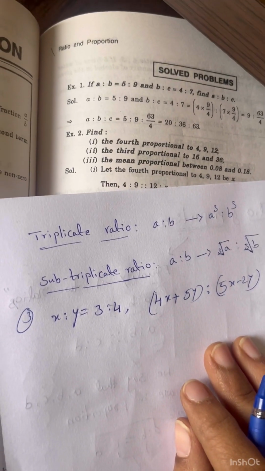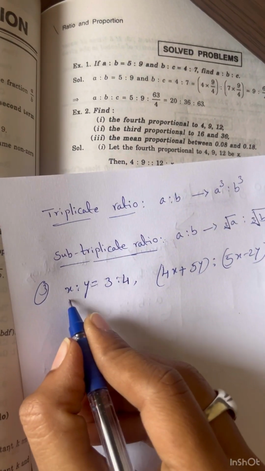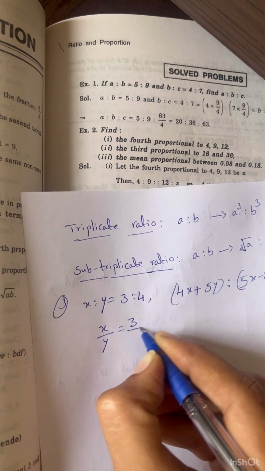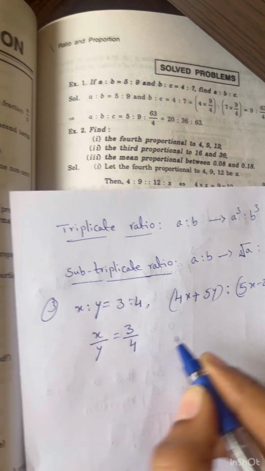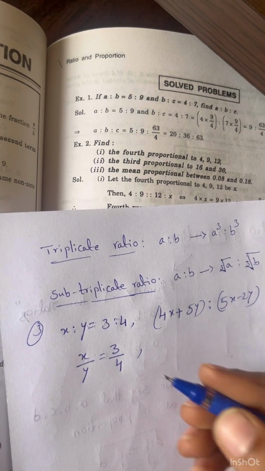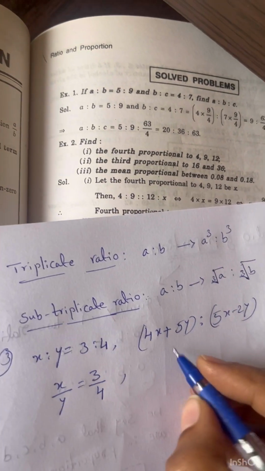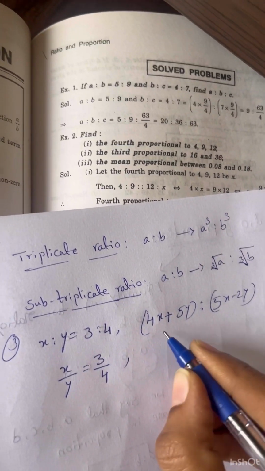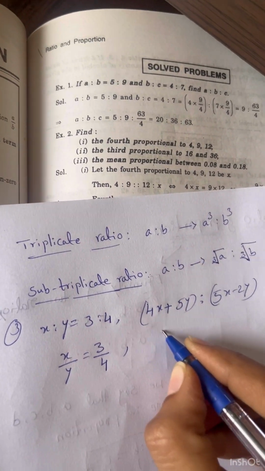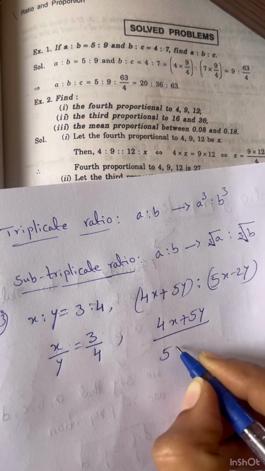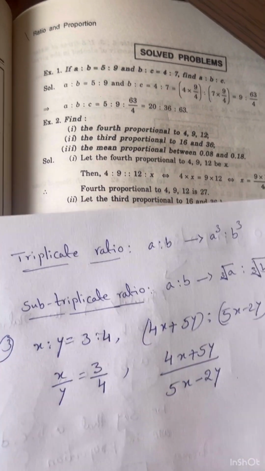Okay, how to solve this? x is to y is nothing but x by y is equal to 3 by 4. A ratio is nothing but a fraction, and a fraction can be written in the form of a ratio also. So this can be written like this: 4x plus 5y divided by 5x minus 2y.